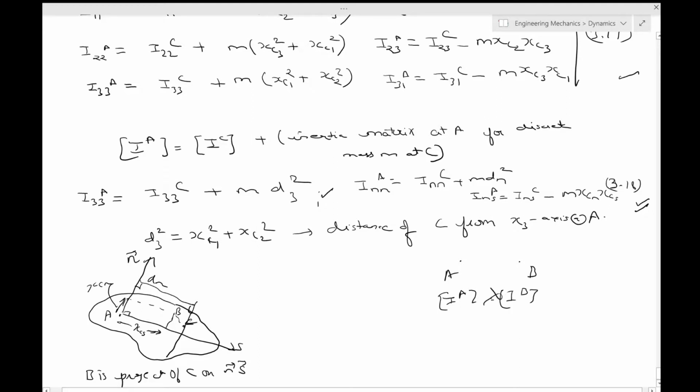What you have to do is convert this IB into IC, and then use IC to find IA. So that's how one has to proceed. You can't just do it for any 2 points.